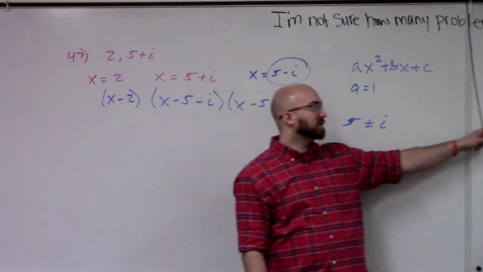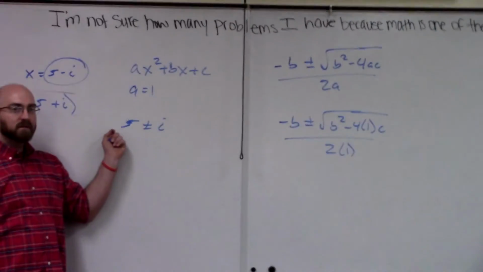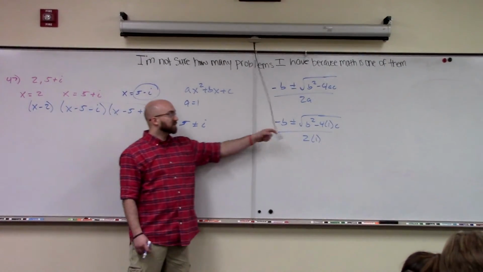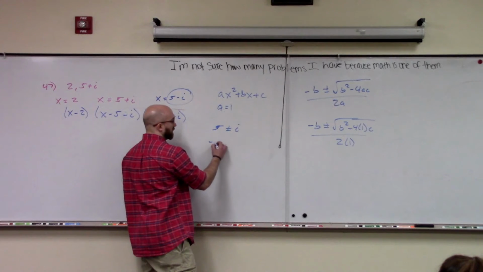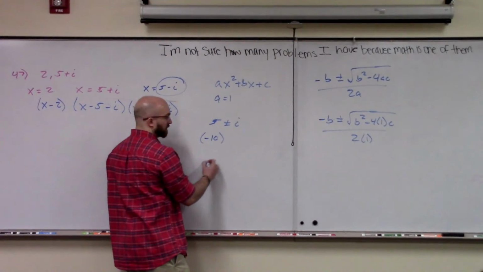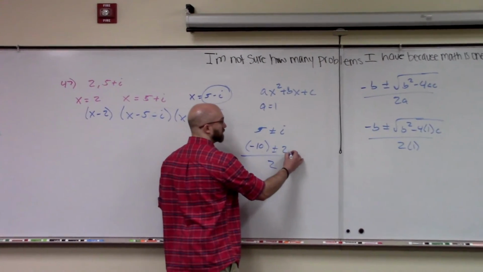Also realize that this is a negative b, right? Is this positive or negative? Remember, you want to go all the way backwards to match whatever it's going to be over here. So, this should be negative 10. This is if I multiply everything by 2.